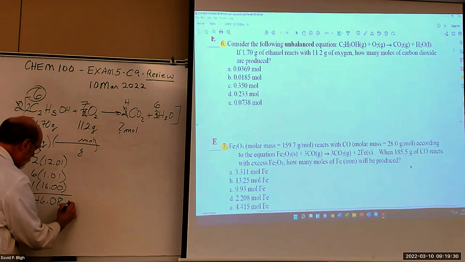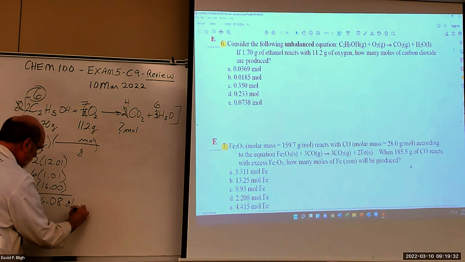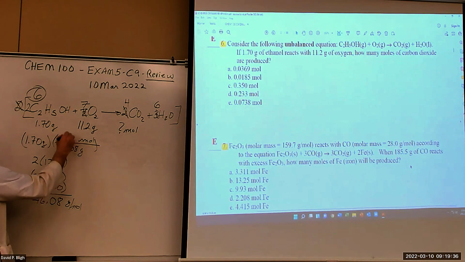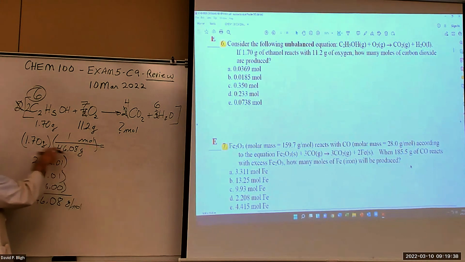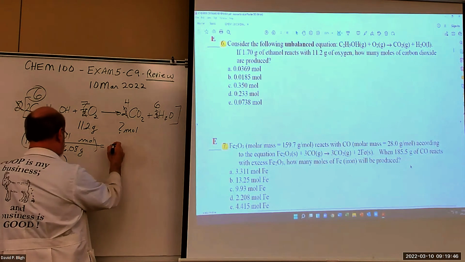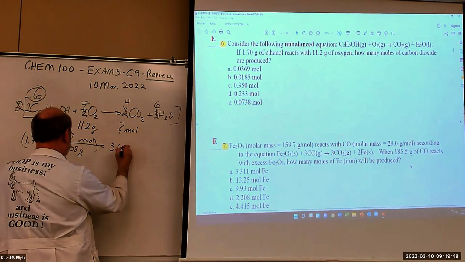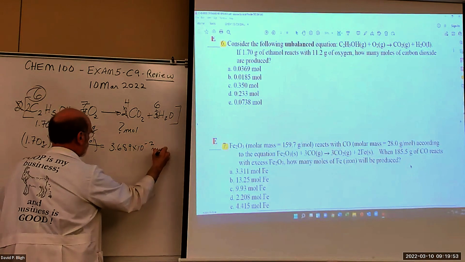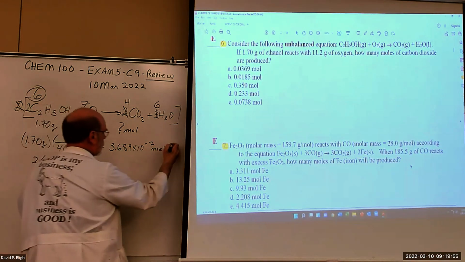This is grams per mole. So this would go here, and we divide that number into 1.7. And I get 3.689 times 10 to the minus 2 moles of ethanol.